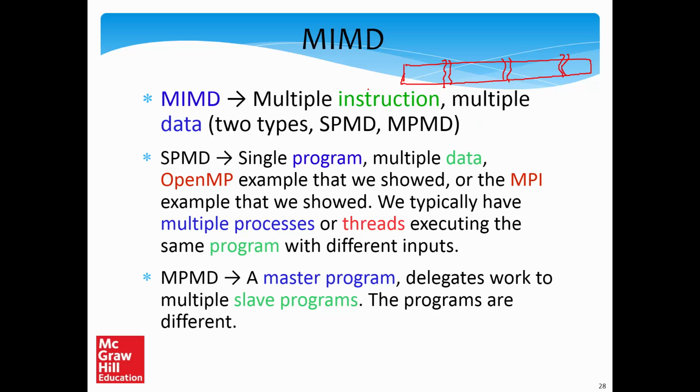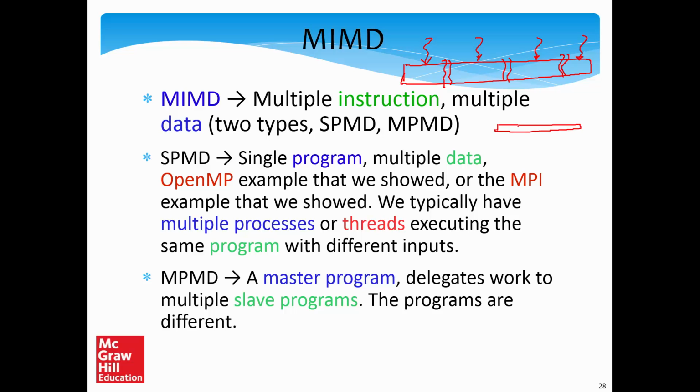In the examples that we have seen, different threads or different processes run the same program, meaning the same overall set of instructions, even though they are actually different in some cases. For example, in the case of the loosely coupled system, the root node did something and the non-root nodes did something else.